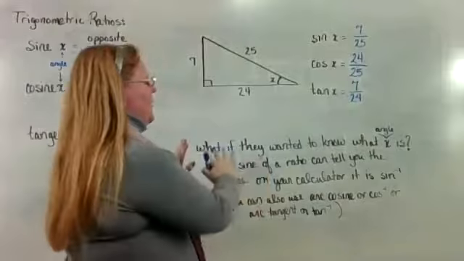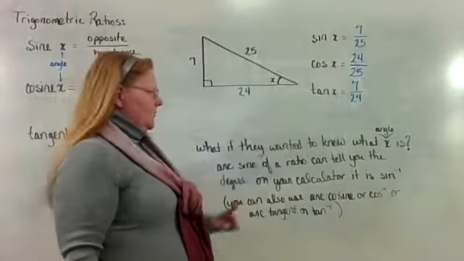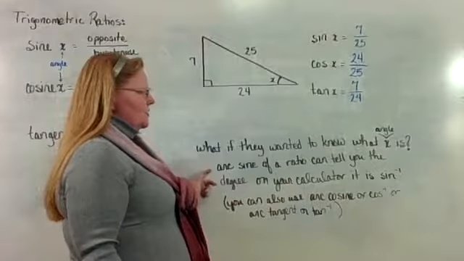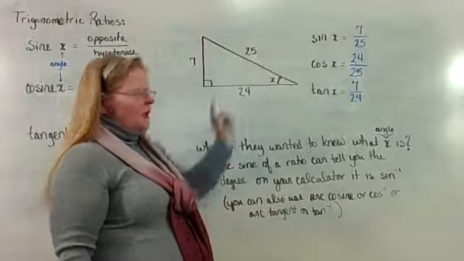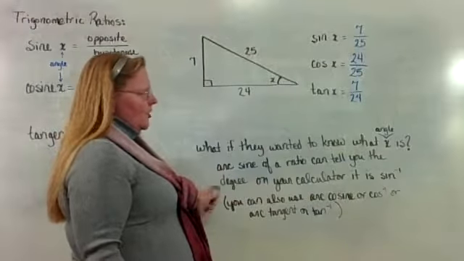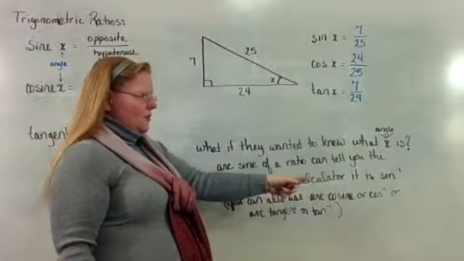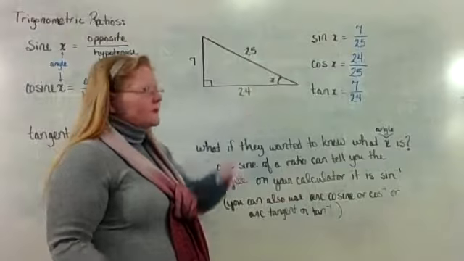So the way to do it on your calculator, if you want to know what the angle is, you have to use arc sine with the ratio for sine. If you want to know what it is with cosine, you'd have to use arc cosine or cosine inverse with the ratio for cosine.